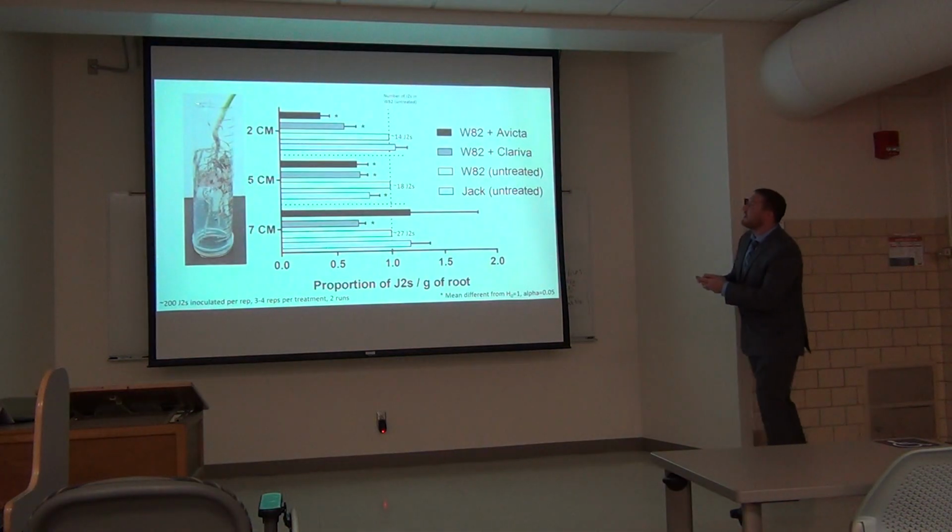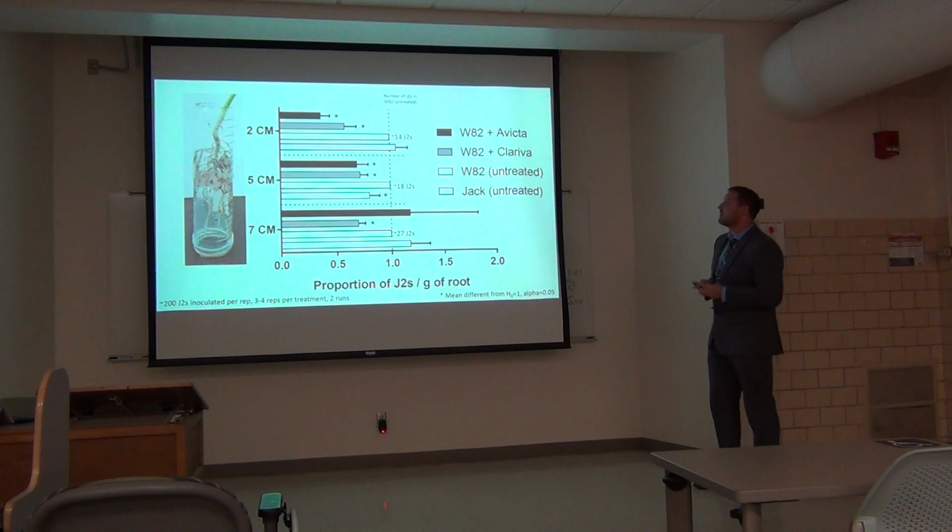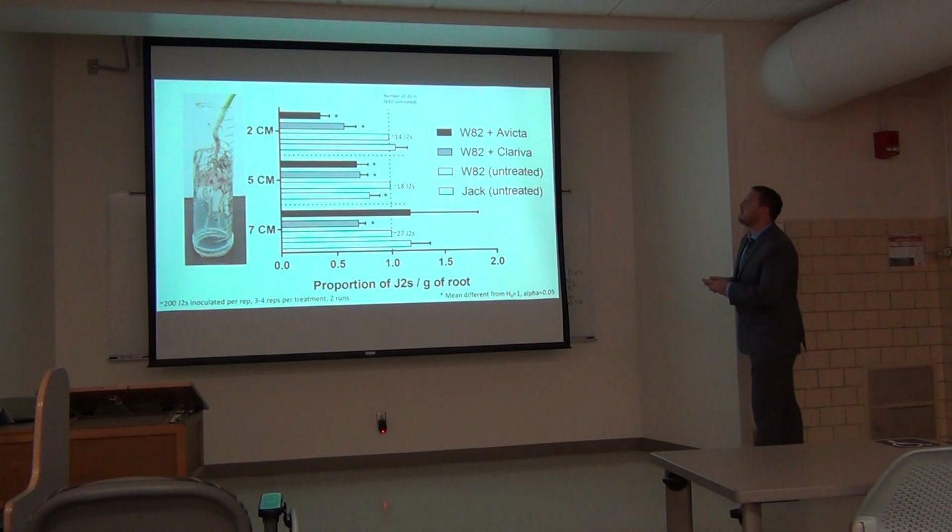All right. So again, we have our tube. We have our 3 different depths: 2, 5, and 7 centimeters. And we're just looking at the proportion of juveniles per gram of root. So let's look at the top first. First thing we see are 2 treatments, Avicta and Cloriva, have a decent amount less nematodes compared to our untreated control. So our treatments worked.